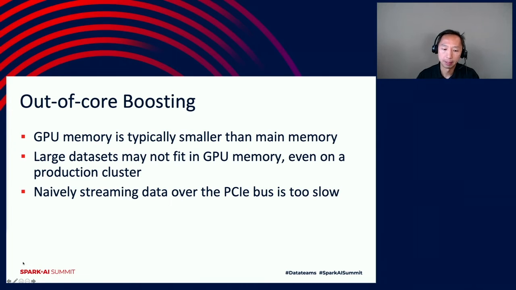But the problem is you have to copy your data over the PCI Express bus, which is pretty fast with the current generation, but it's still much slower than memory access, especially compared to GPU memory, which has much higher bandwidth and lower latency compared to the PCIe bus.